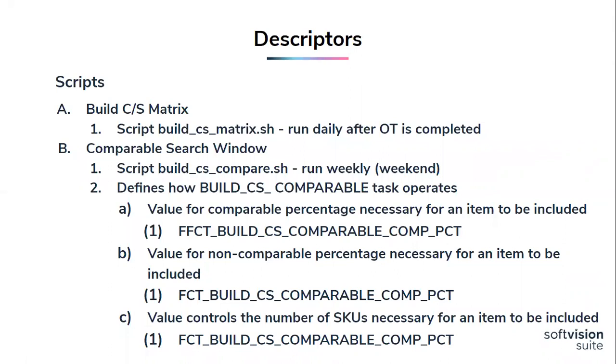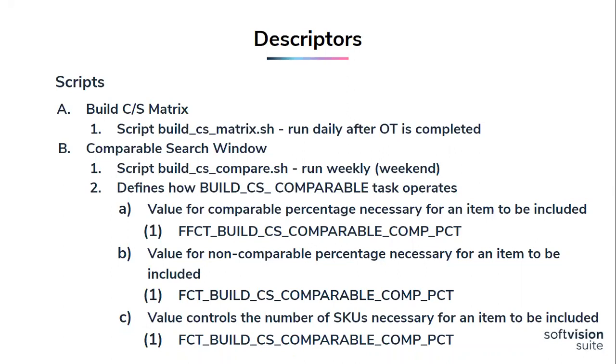Our second script is the build CS compare, and that is the script that we use to populate information on the comparable search screen. So when you go in from your history matrix screen within color and size, it allows you to be able to pick comparable items, and there's 3 different parameters that drive that.